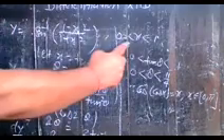Note the next question. Here you have y is equal to sine inverse of (1 minus x square) upon (1 plus x square), and your interval is the same: x greater than 0 and less than 1. So again, here you substitute x is equal to tan theta, so theta is equal to tan inverse x.